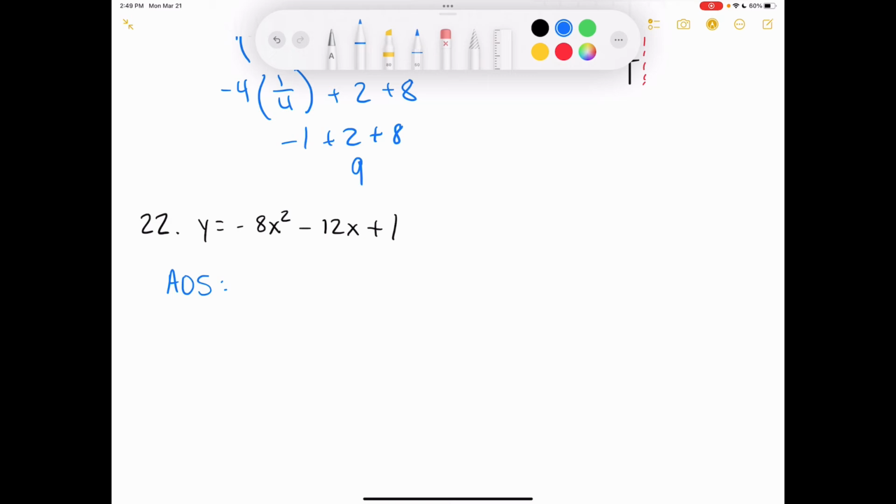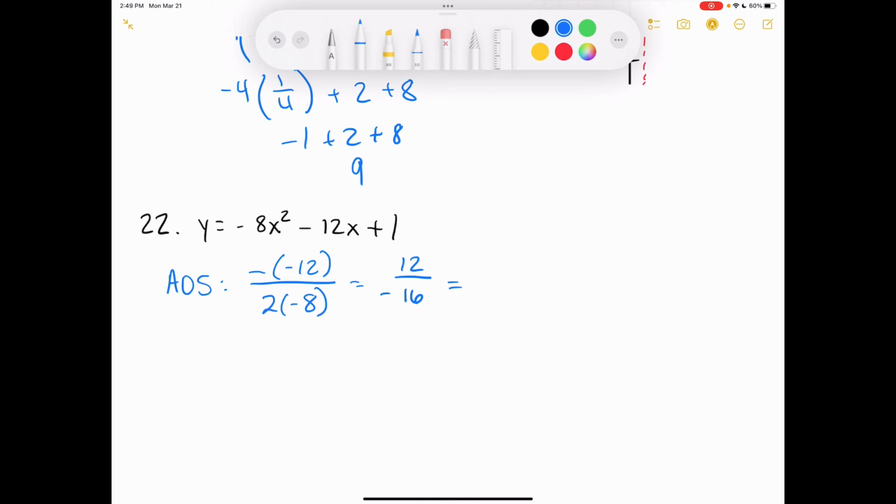Let me see. All right, so negative, and then b is negative, so that's going to be negative 12 over 2 times a is negative 8. So the negatives become a positive, okay? So that gives me 12 over, but this on the bottom, that's still negative, so that's going to be negative 16.